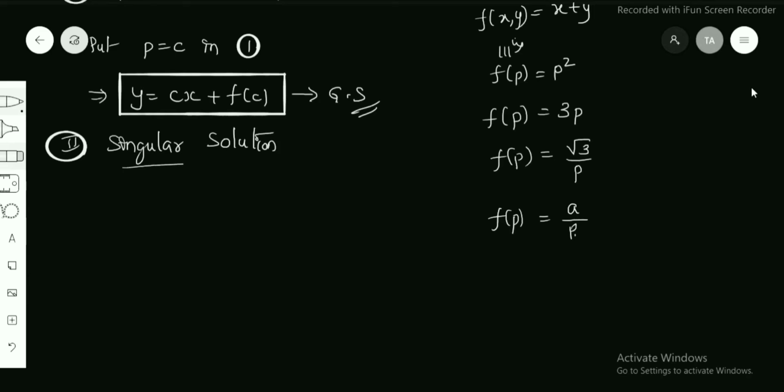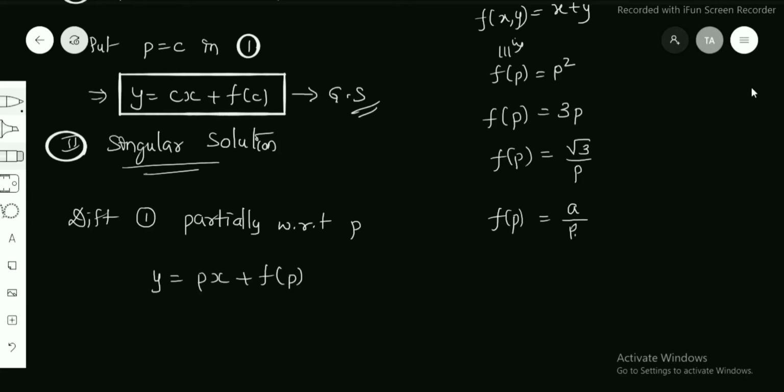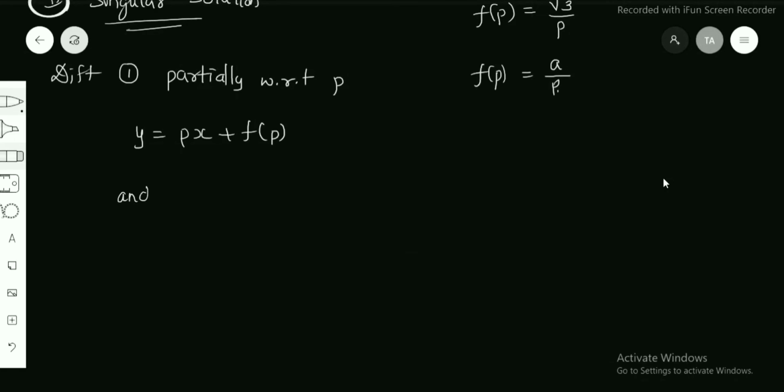Let us move ahead. We'll find out the singular solution. To find out singular solution, we have to differentiate 1 partially with respect to p, which is our equation number 1 now, y is equal to px plus f of p, and solve for p. That means you'll get p value.